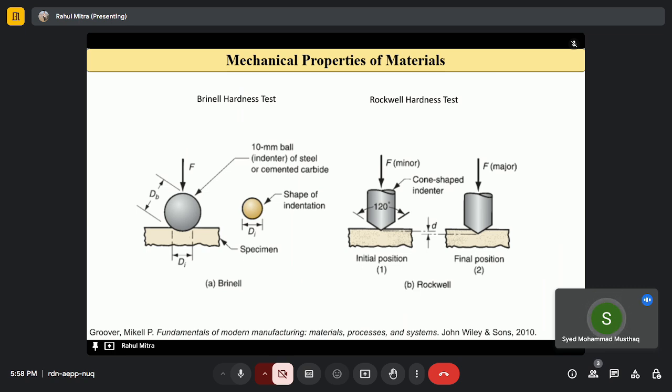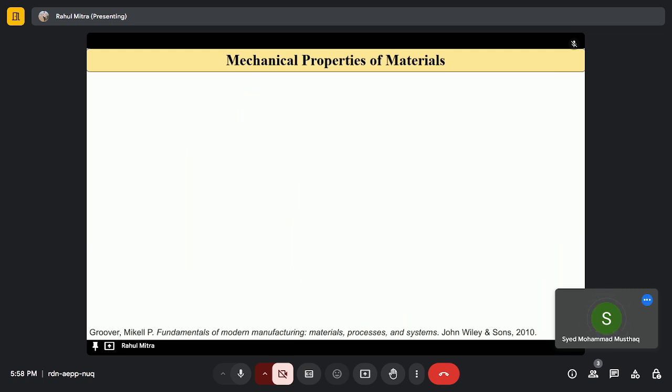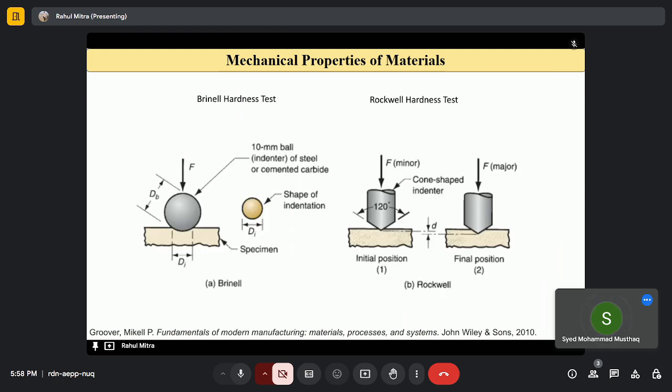However, a variety of testing methods are appropriate because of differences in hardness among different materials. For example, there is a huge variation in hardness between diamond and pure aluminum. The best known hardness tests are the Brinell hardness test and the Rockwell hardness test. These two are the tests that I am going to discuss here.